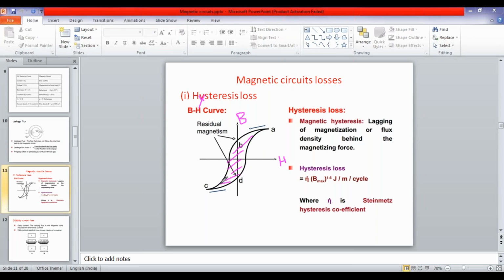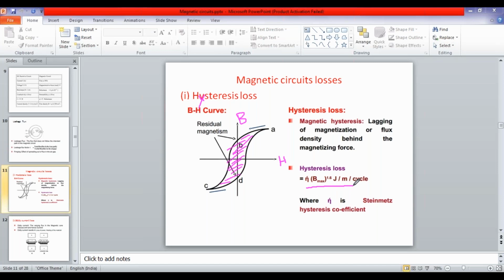This loop of magnetic field within the core material is called a hysteresis loop. A certain amount of energy is consumed by the core material to store some magnetic energy. The loss appearing within the magnetic material is called hysteresis loss.